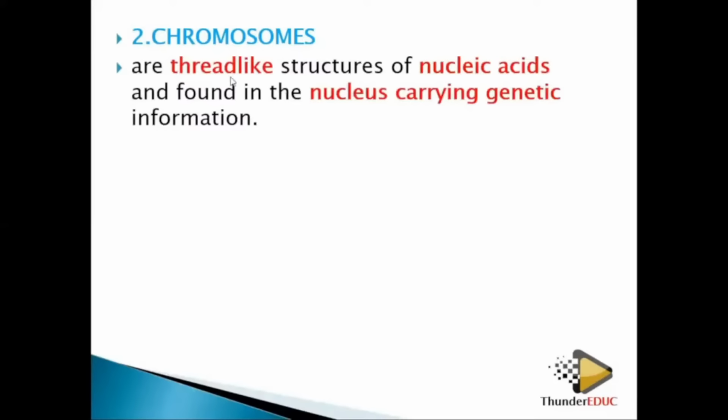So we are saying that chromosomes are thread-like structures of nucleic acids found in the nucleus carrying genetic information. They are like threads crossing each other. And these chromosomes carry what is called the genetic material. You look like your father because of the genes your father gave you.